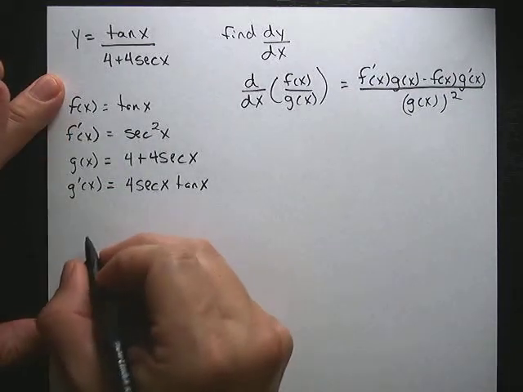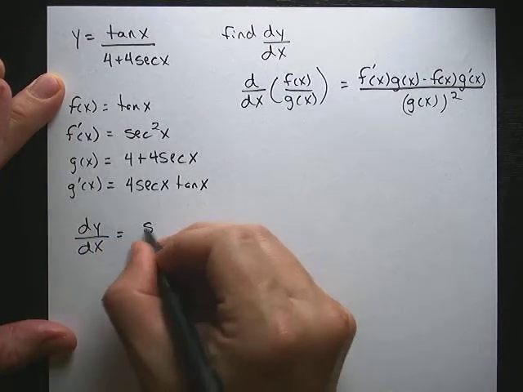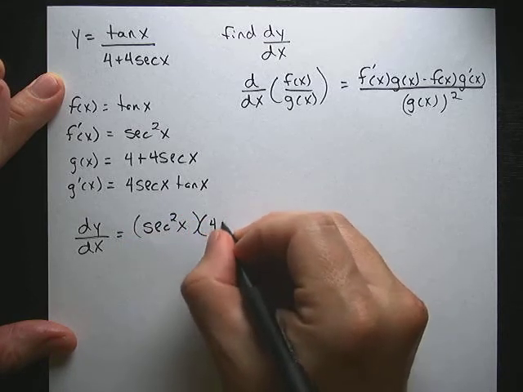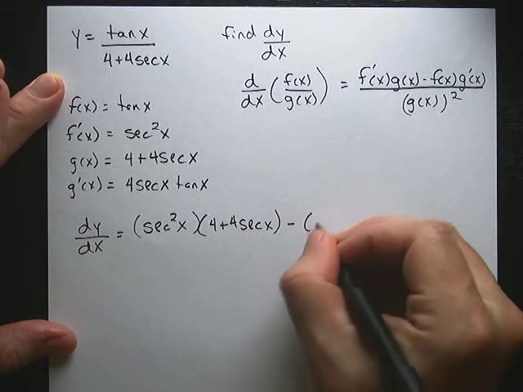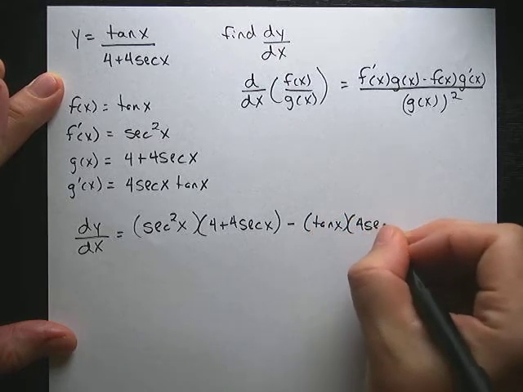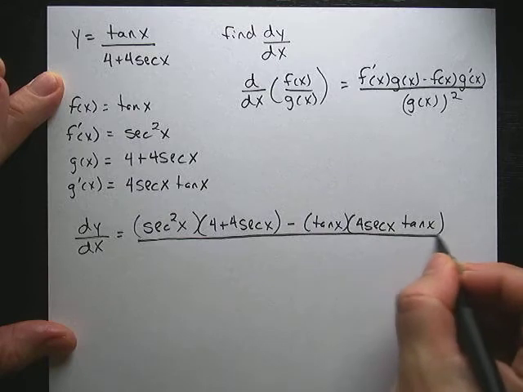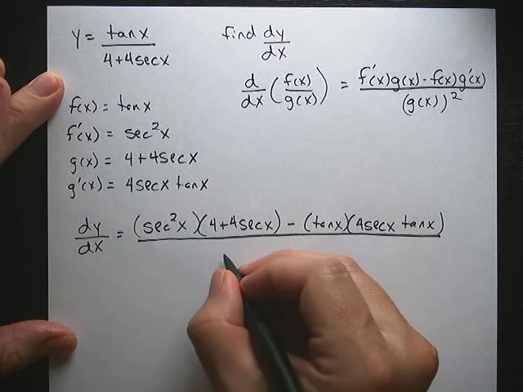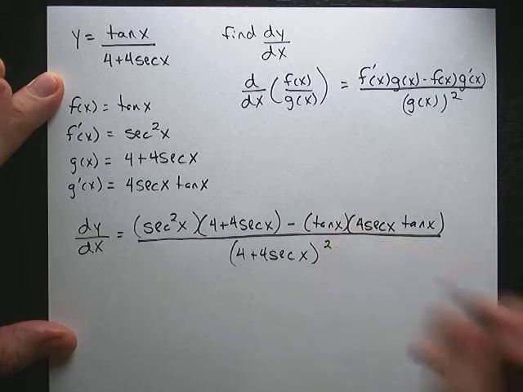So dy/dx is equal to secant squared x times 4 plus 4 secant x, minus tangent x times 4 secant x tangent x, and that's all divided by g of x squared, so 4 plus 4 secant x, squared.